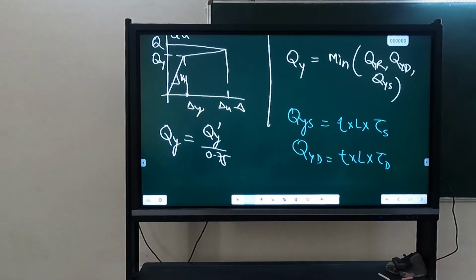In diagonal tension, the area should be along the diagonal. Diagonal shear is also represented in terms of cross-sectional area, not along the diagonal. Yes, diagonal tensile strength is also given in terms of cross-sectional area. Sir, but the capacity I will get by diagonal will be less now, my diagonal length will be more if I consider.